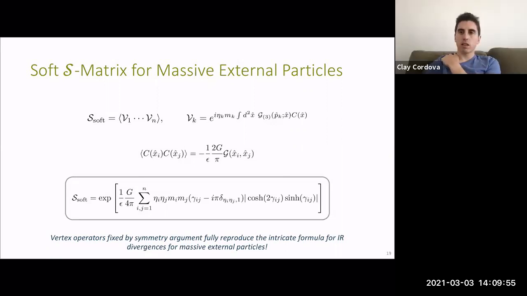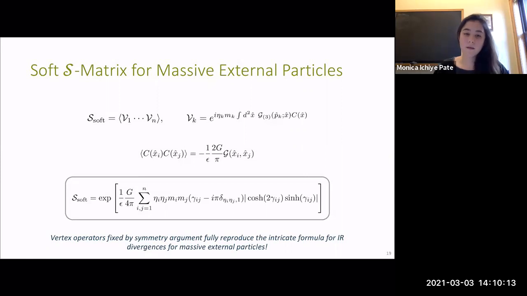There's something about this presentation in terms of a Goldstone boson that I'm not entirely following. Maybe you could clarify. For the massless case, is the Green's function for the C field supposed to be a standard Green's function for a massless particle on the sphere? No. What is the Green's function?